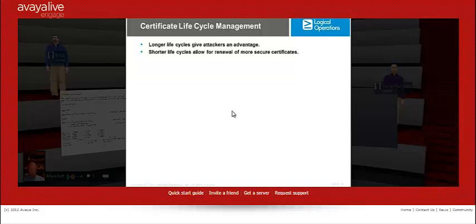Your private keys are on your smart card, so you're pretty much a self-contained cryptography monster with all the good stuff located on your smart card. Then trust issues and administrative involvement: again, the longer the life cycle, the less involvement, the shorter the life cycle, the more involvement, but there are pros and cons with each one. Generally the better choice is a shorter life cycle, so your certificates are more secure overall.